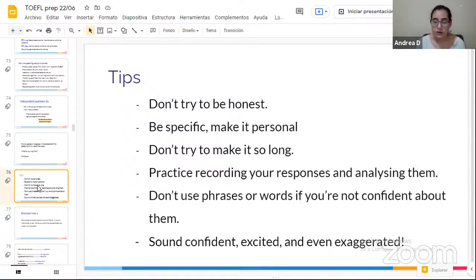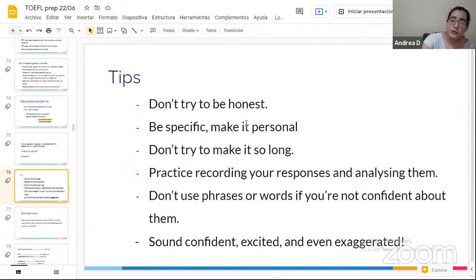They really don't care. This is an English test. So it's about the way you explain it, the way you speak, and so on. So don't try to be honest, don't overthink it. You can just make basically everything up. You can create your own story, and it's not supposed to be true either.